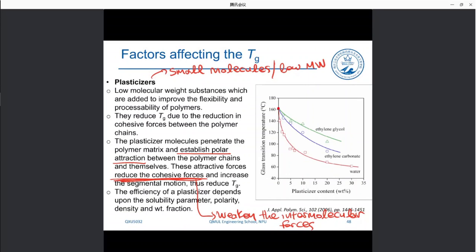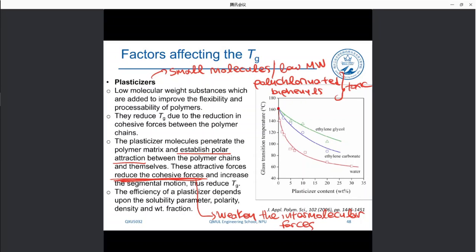But over the last few years, people have realized that some types of plasticizers are toxic and can cause health problems, such as polychlorinated biphenyls. These were the most common plasticizers in the 80s and 90s, and then people discovered that these are toxic, okay, and they stopped using them.